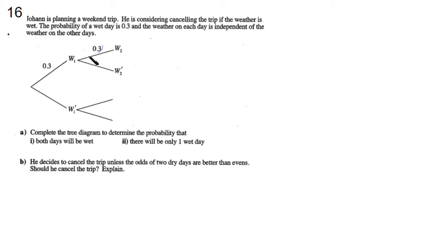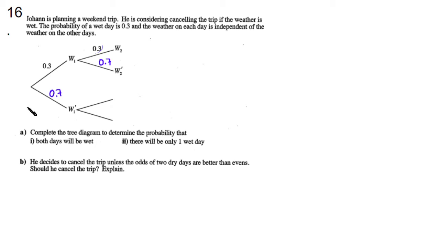Now, the probability of day 2 not being wet would be 1 minus 0.3, because they're complementary events. It's either wet or not. So 1 minus 0.3 is 0.7. Day 1 can either be wet with probability 0.3 or not wet with probability 0.7.